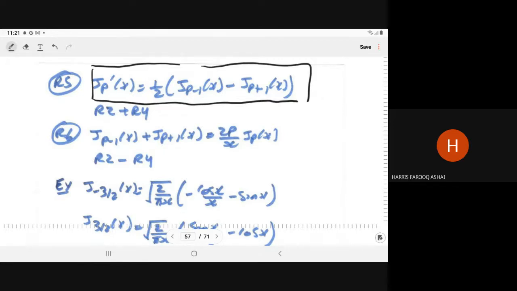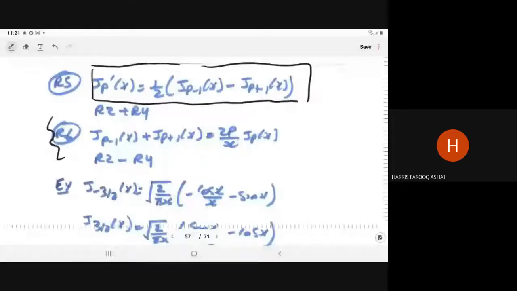Then recurrence relation 6. Recurrence relation 6 is the relation between the Bessel functions of order p minus 1 and p plus 1, and it is Jp minus 1 plus Jp plus 1 is equal to 2p upon x Jp. So using this recurrence relation, we can derive the higher order Bessel functions.